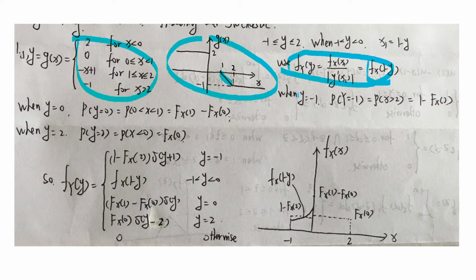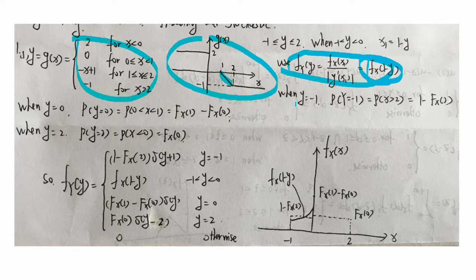And we need to discuss several different special points of y. Why do we have to discuss this? Because these special values of y are inconsistent with the probability density function we already solved here. So we need to discuss them. The first is when y equals negative 1.